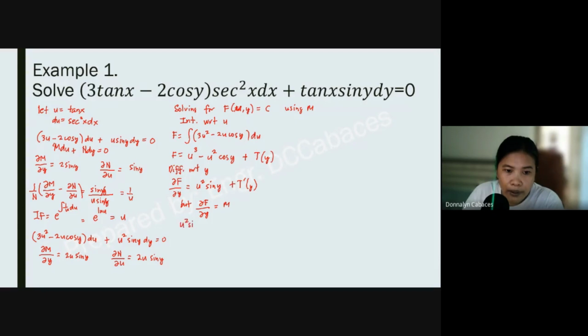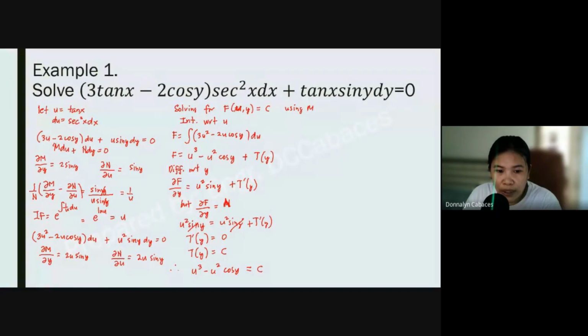So you have u squared sine y is equal to u squared sine y plus t prime of y. Therefore, your t prime of y is equal to 0, and integrating, you have t of y is equal to c. Therefore, substituting it here, you have u cubed minus u squared cosine y is equal to c.